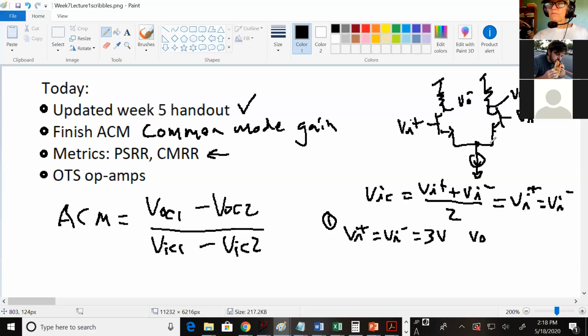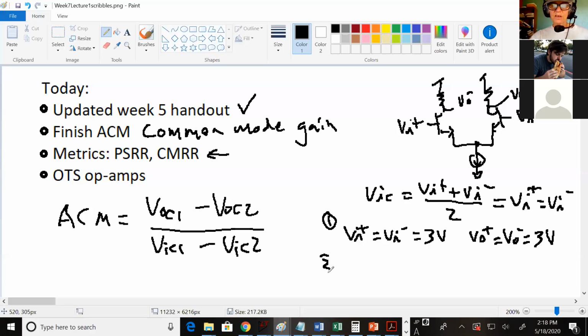So the emitters have the same voltage. Now the bases have the same voltage. The resistors are the same. So you should have the same current going through both sides. And V out plus should equal V out minus. Okay, let's say that's also 3 volts for some weird reason.